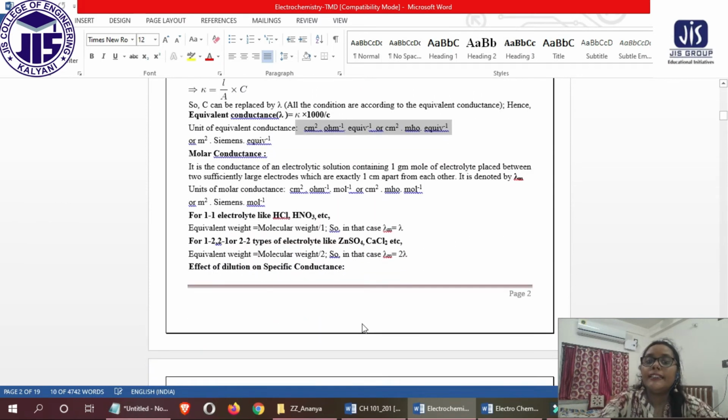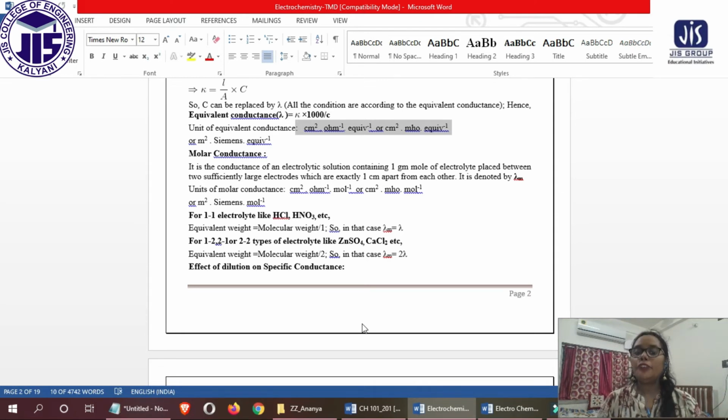Now what do you mean by molar conductance? Molar conductance is the conductance of an electrolytic solution when 1 gram mole of electrolyte is dissolved in 1 liter of water, with electrodes of large surface area placed 1 centimeter apart from each other.